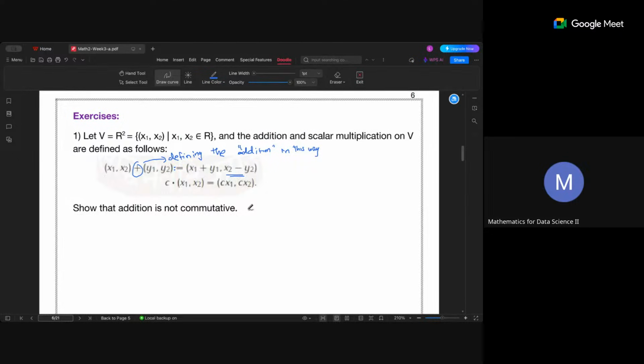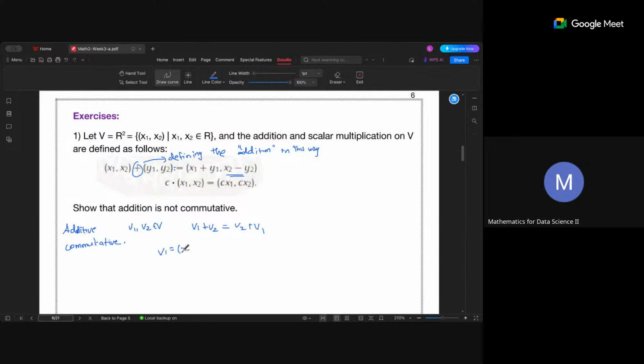What do we mean by commutativity of addition? If you take two vectors from the set, then v1 plus v2 should be equal to v2 plus v1. Let us see whether this property is satisfied or not.